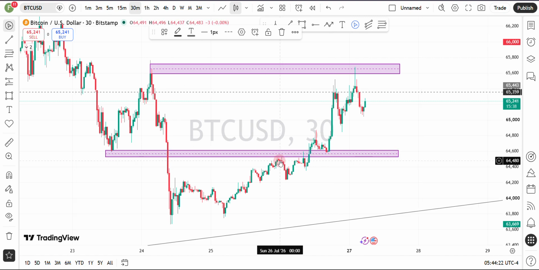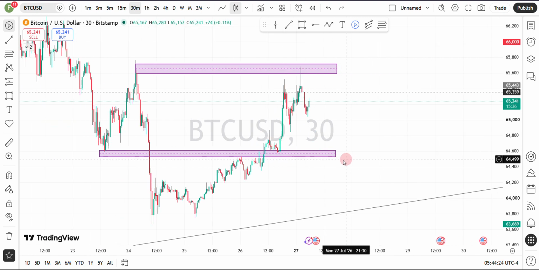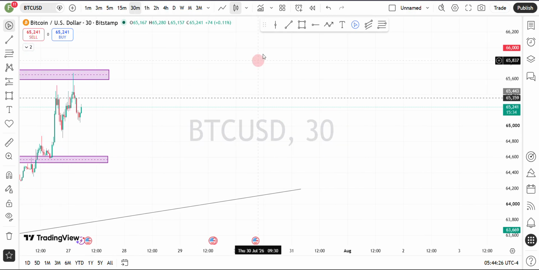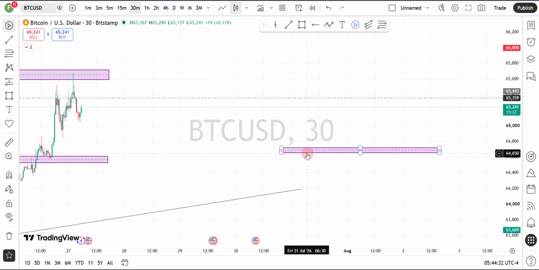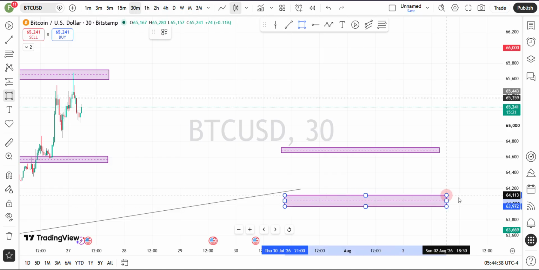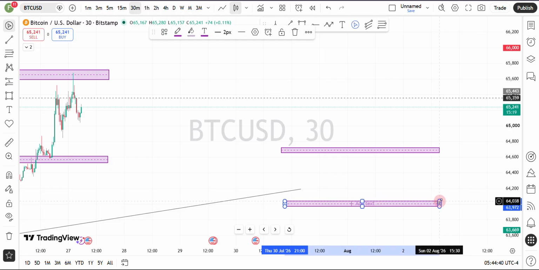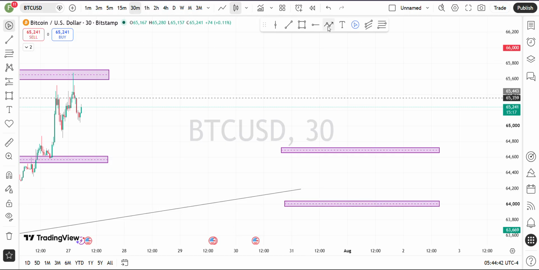Once you have identified it, let's do an example here. So let's say we have a zone. Let's call this our support or resistance level, and then we have price moving from support.